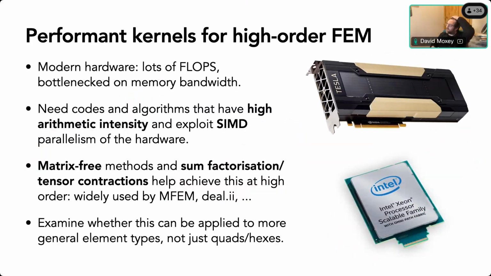So let me talk about these kernels for high-order FEM. The scene, for those that are not aware, is that on modern hardware, i.e. modern GPUs and modern CPUs, you have an awful lot of flops, usually because you have an awful lot of compute cores on each.